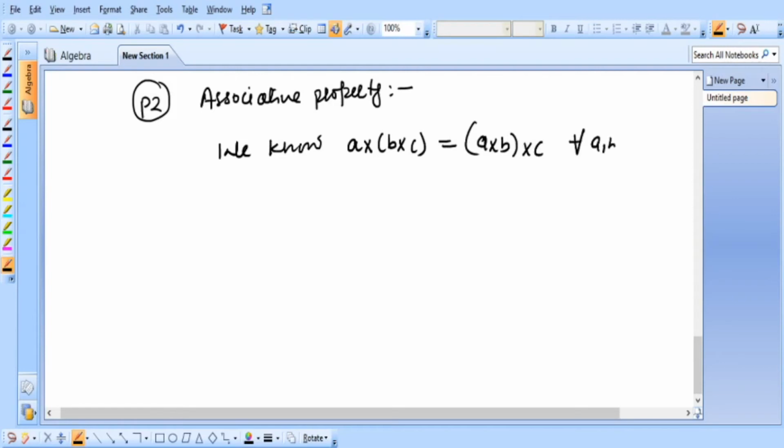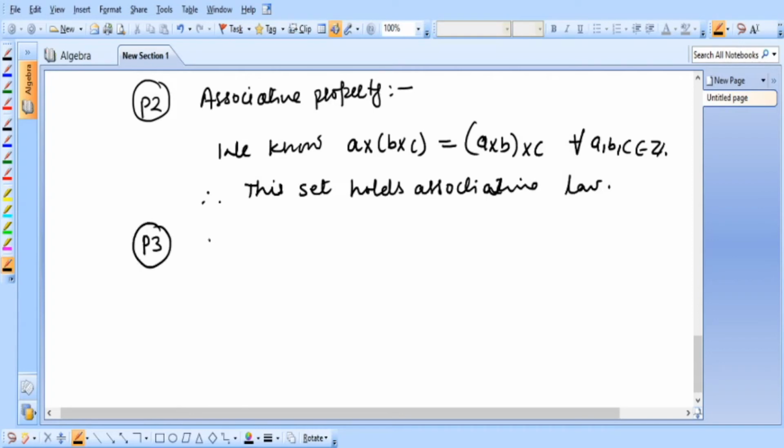For all a, b, c belonging to Z. Therefore, this set holds the associative property, or associative law, right?